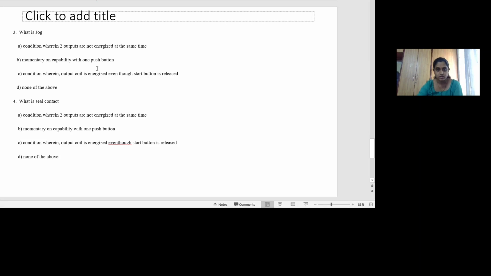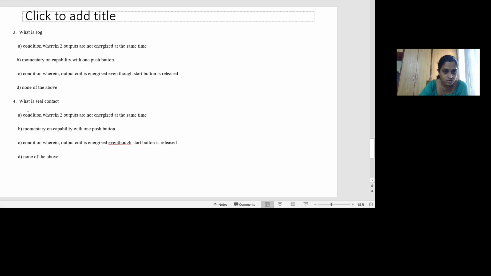The answer is that jog is momentary on capability with one push button. The condition wherein two outputs are not energized at the same time is called a mutual interlock. And the condition wherein the output coil is energized even though the start button is released is called a seal contact. So the momentary on capability with one push button is known as a jog.